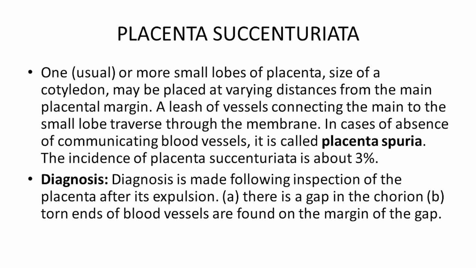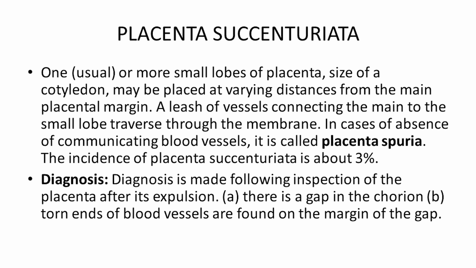It could be connected to the main placenta through some vessels. However, in some cases, there may be absence of communicating blood vessels, and when this occurs, it is called placenta spuria. The incidence of placenta succenturiata is about 3%.